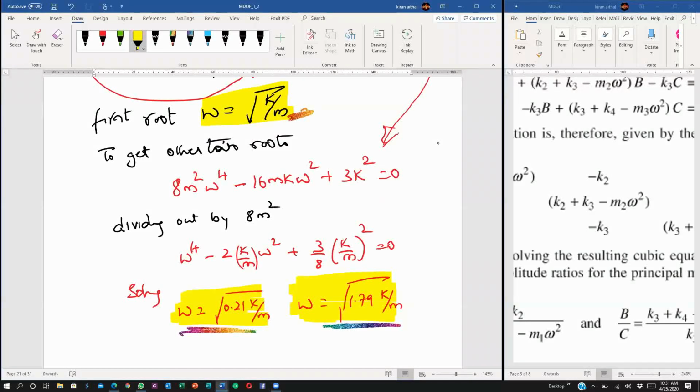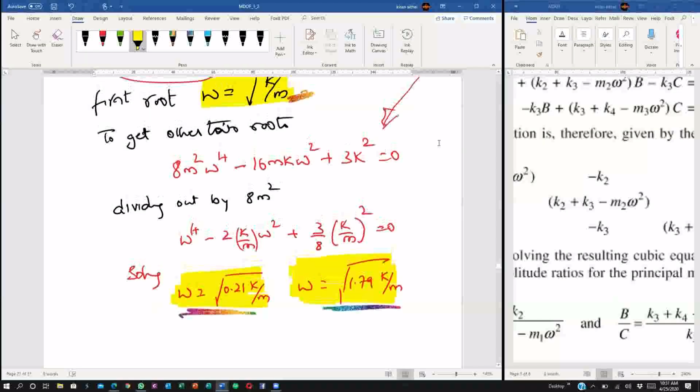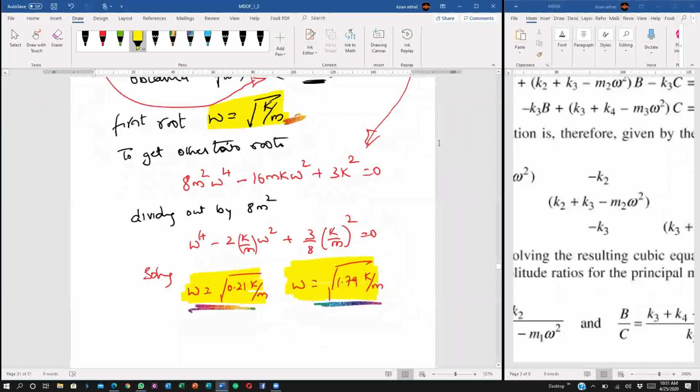Okay. So I have got 3, right? Omega is equal to root k by m. Omega is equal to root of 0.21 root k by m. So these are the things I have got here. So when you check it out, let's see which is the first one and which is the last one.